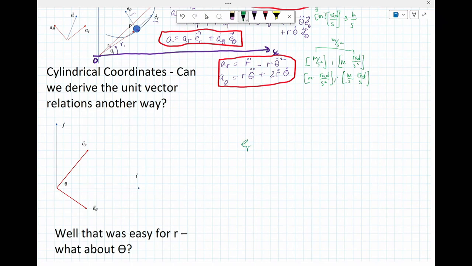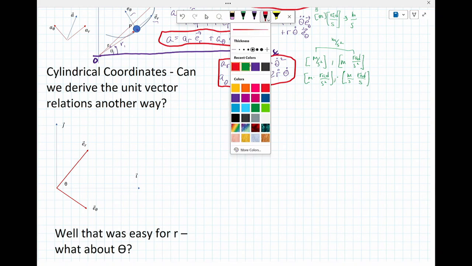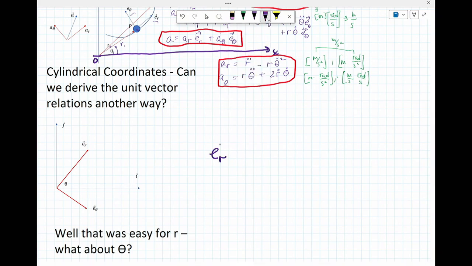So E r is equal to, looking at my coordinate system and rewriting it in terms of i, j, just going to be cos theta i plus sine theta j.